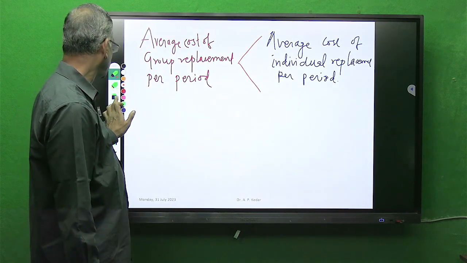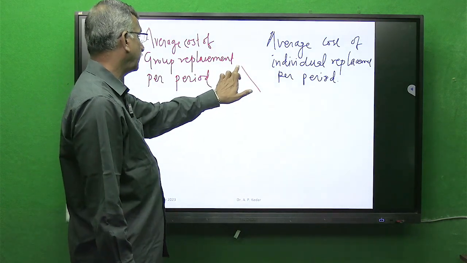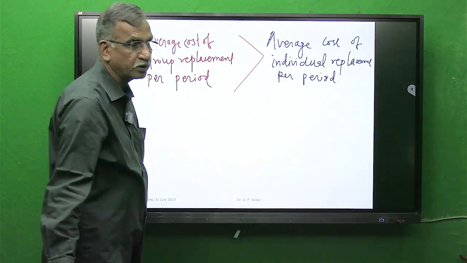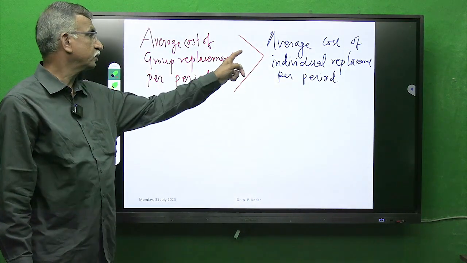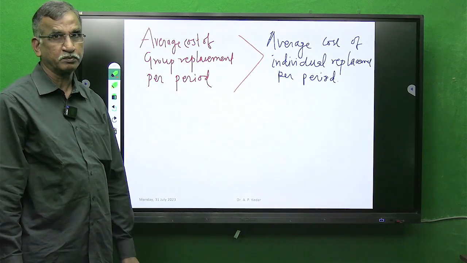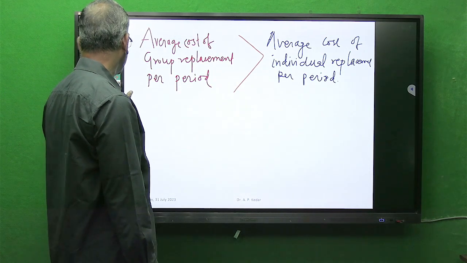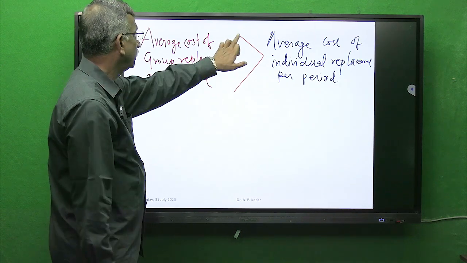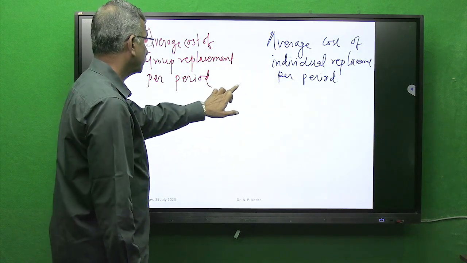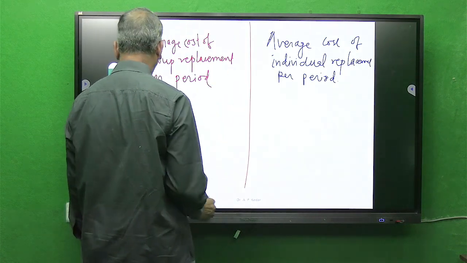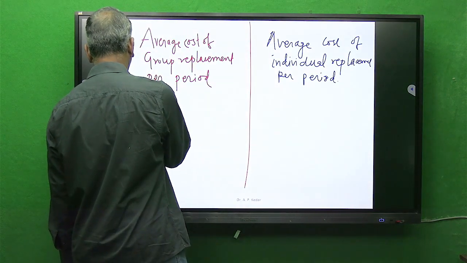Vice versa, if the average cost of group replacement is greater than the average cost of individual replacement, we will prefer individual replacement. Now these are the constraint conditions. So how do we estimate the values by formula? Let's see.